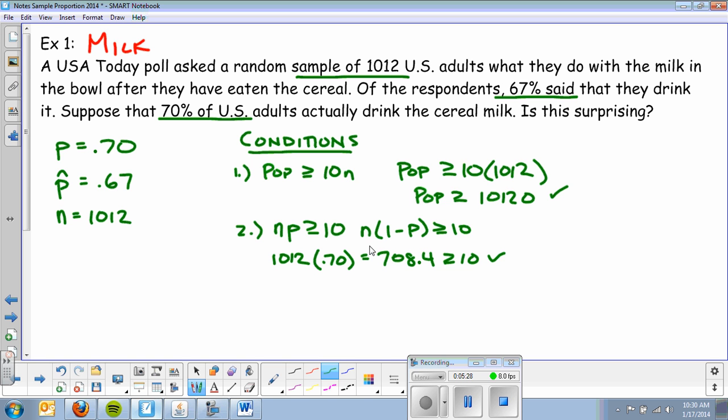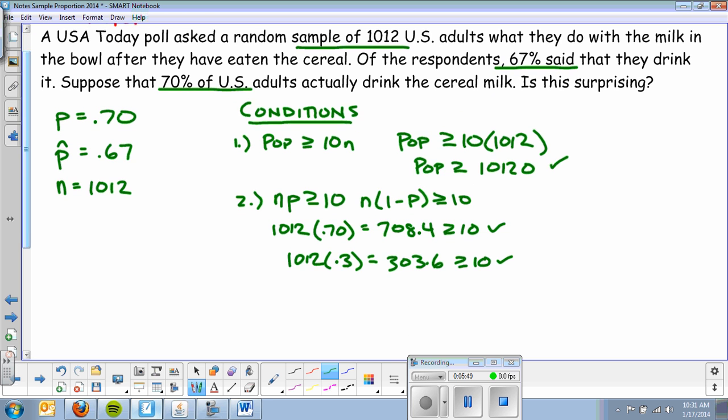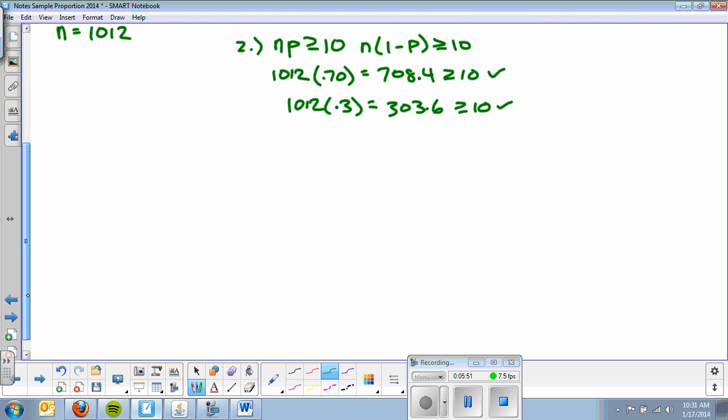And n times 1 minus p, 1,012 times 1 minus p, which is 0.3, because 70% do drink and 30% don't drink the milk, is 303.6, which is definitely greater than or equal to 10, so that's met. So our conditions are met, so it's okay for us to proceed with a normal calculation.